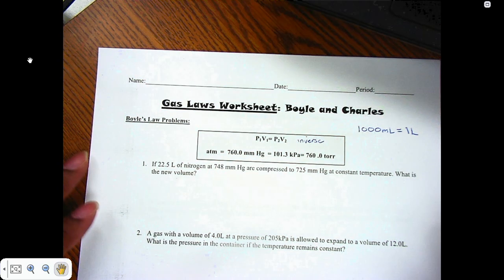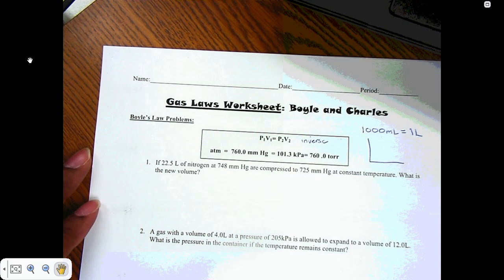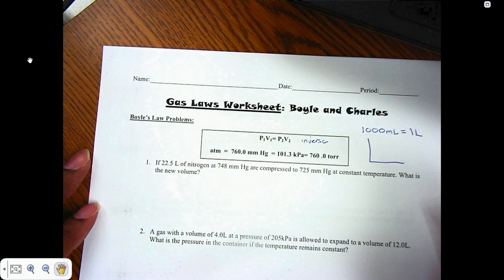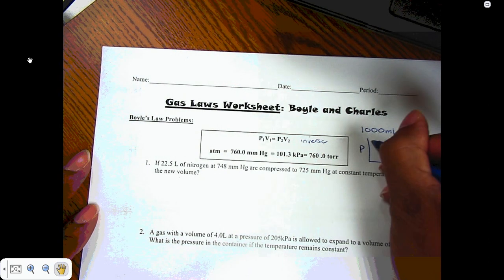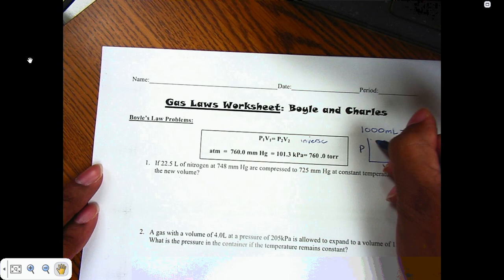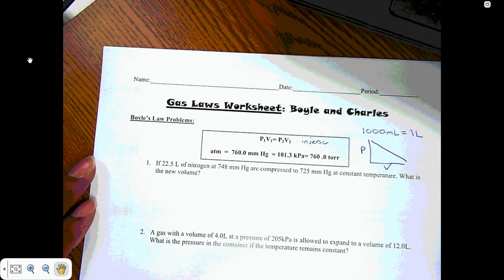One goes up, the other goes down. So when you're looking at that graph, you want to make sure you can explore that relationship when you are comparing P to V, where if the pressure is going down, the volume is going to increase. So make sure you understand that.